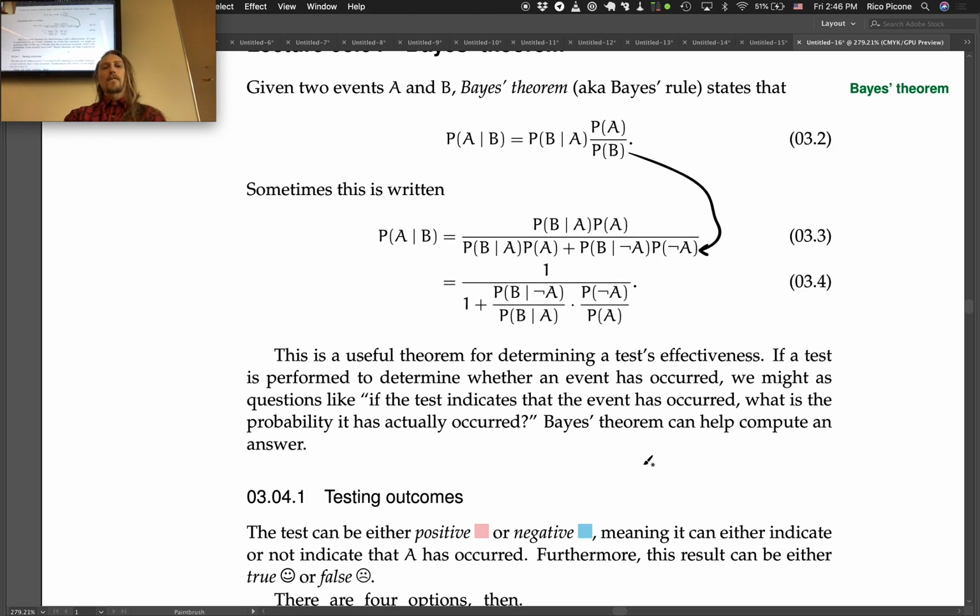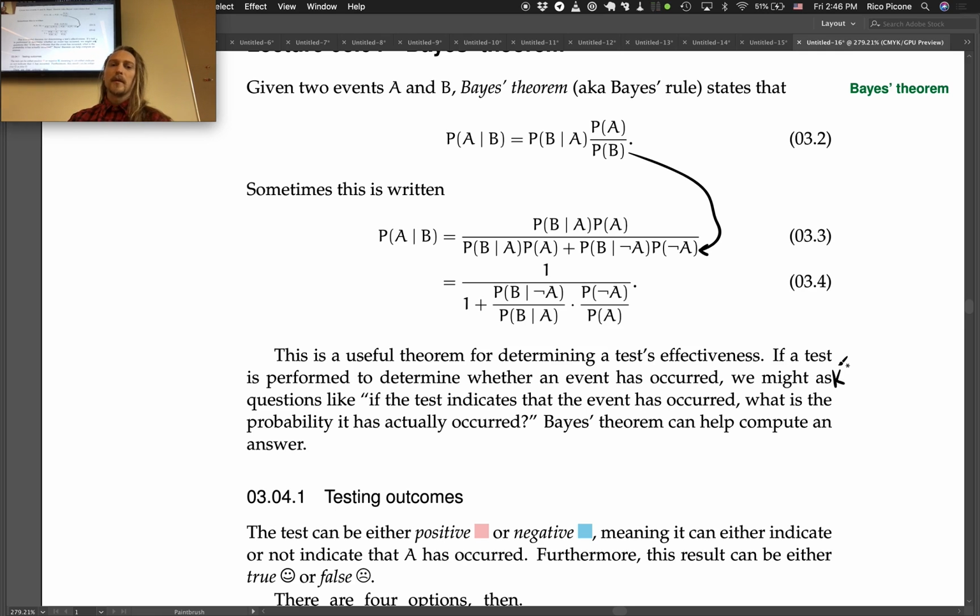Okay. This is a useful theorem for determining a test's effectiveness. If a test is performed to determine whether an event has occurred, we might ask questions like, if the test indicates that the event has occurred, what is the probability it has actually occurred?